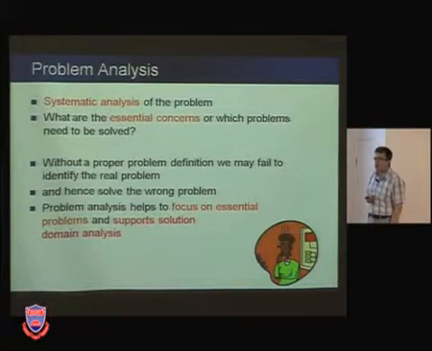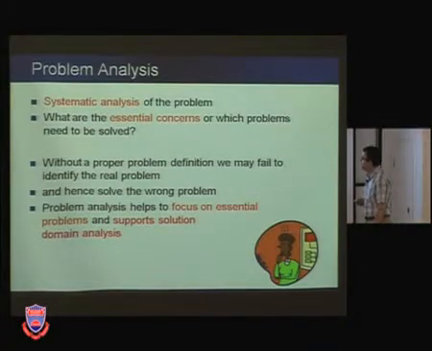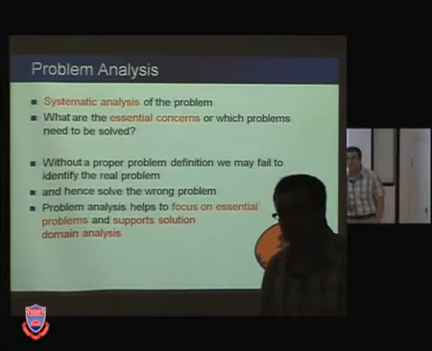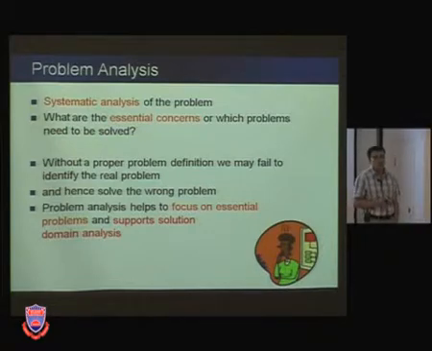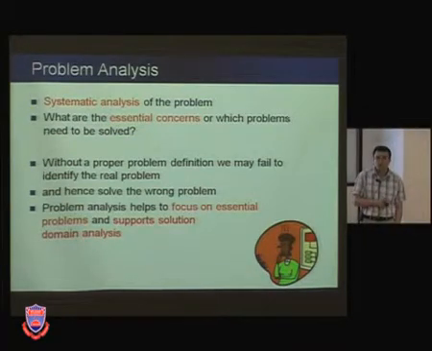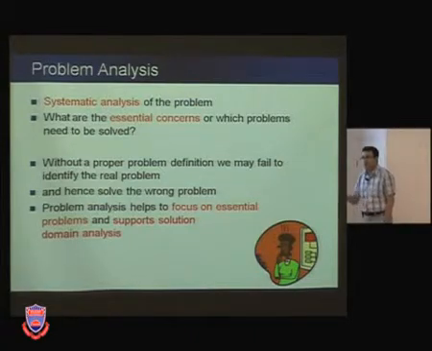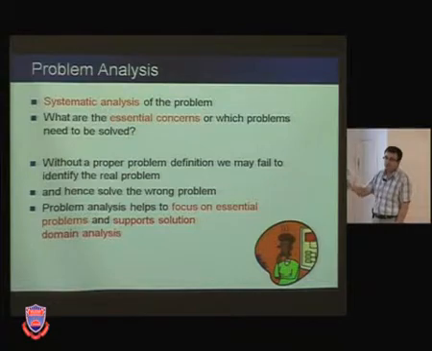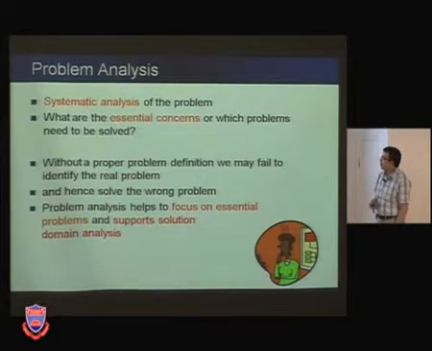Problem analysis is actually, the goal here is to identify the essential concerns. What are the concerns that need to be developed? Could be independent of the requirements. Like we have a domain independent of requirements, problems can also be independent. Because there could be just well-known concerns. What are the essential concerns?